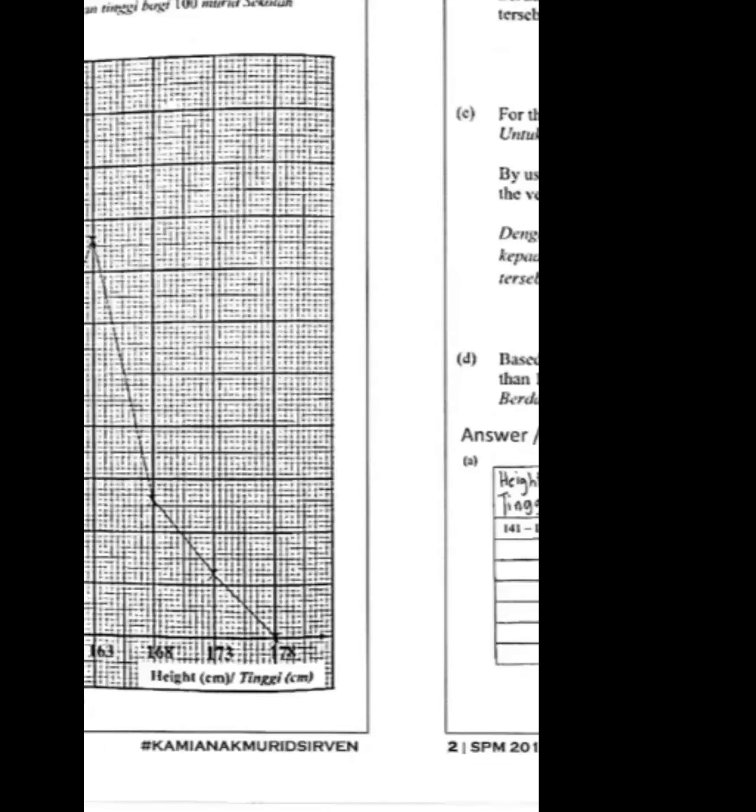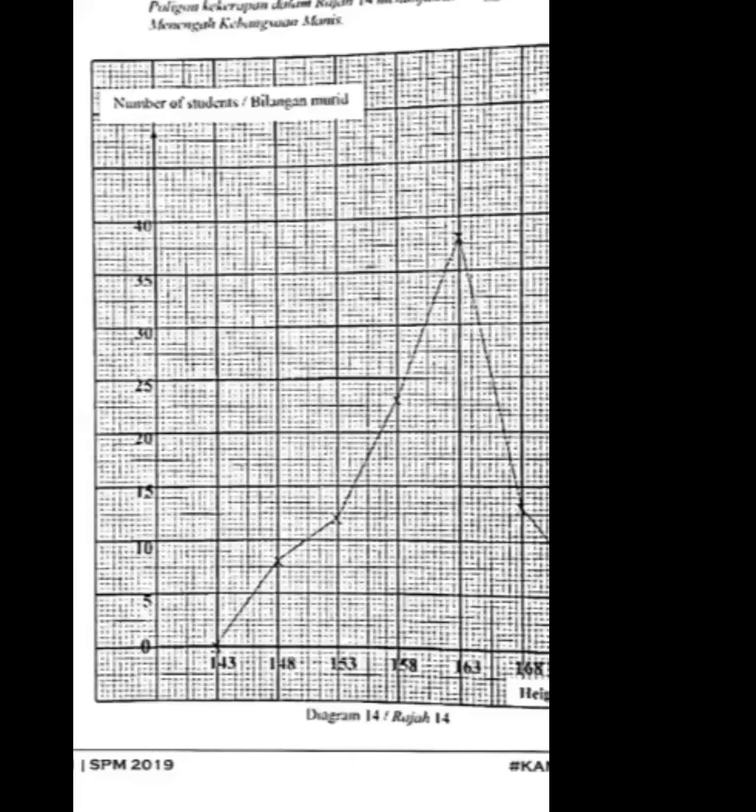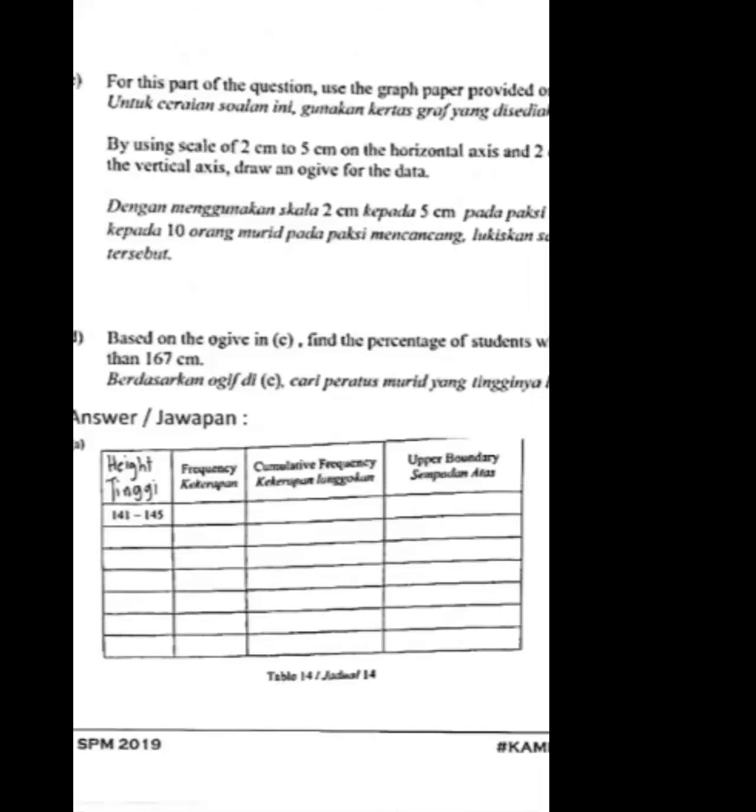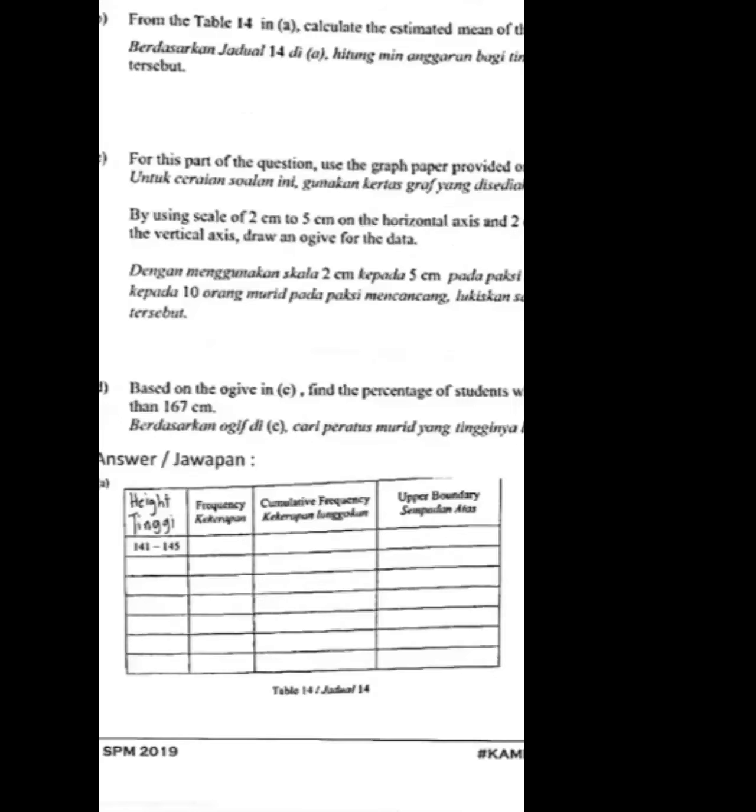As for the x-axis, you can use upper boundary to label. As for the y-axis, use cumulative frequency to label. Because in the table there, they already give you cumulative frequency and upper boundary. Just now I already taught you how to find cumulative frequency and upper boundary as well. So you can use these two to plot your own ogive graph.